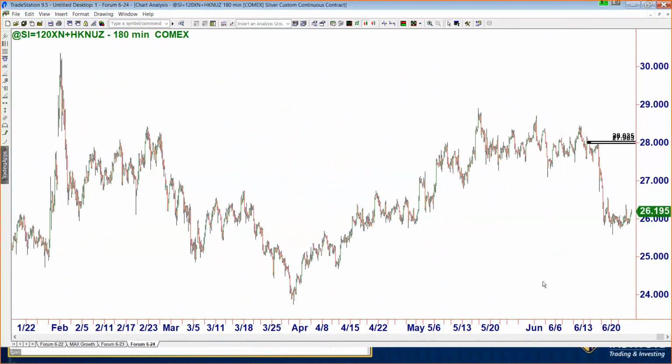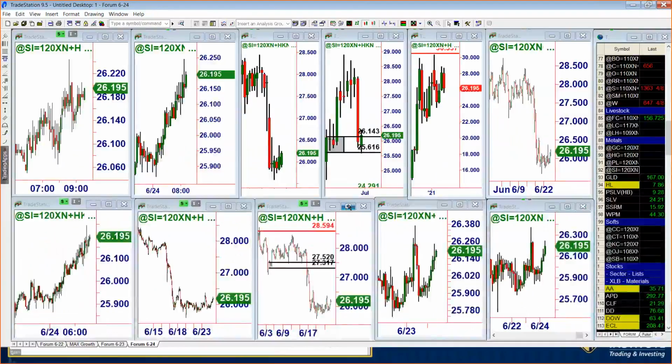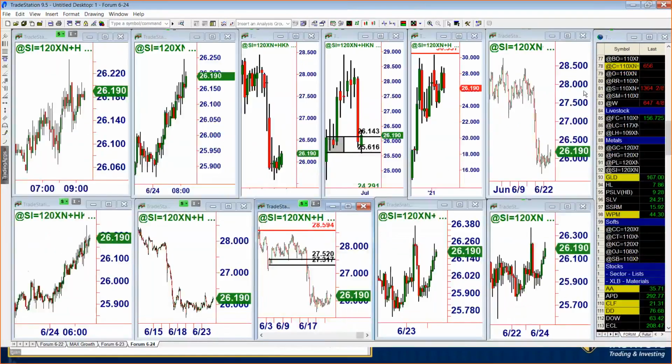And on the demand side, it's really that level I keep showing you. And then on the supply side, this is probably the next stopping point up here. The zone I just showed you is not fresh anymore, this one. So we've gone too deep into that zone, so we would expect prices to go through that area. Yeah, so we wouldn't trade at that supply zone again.